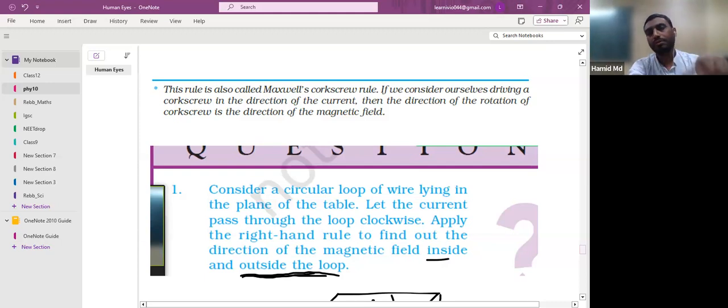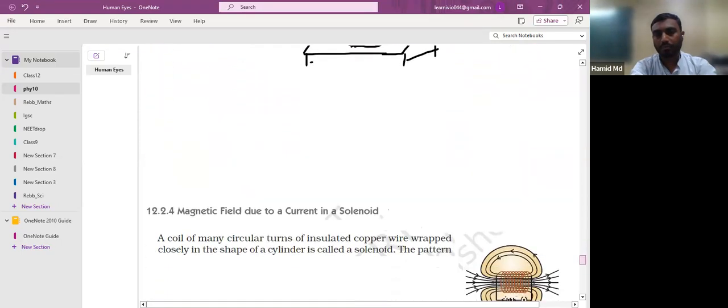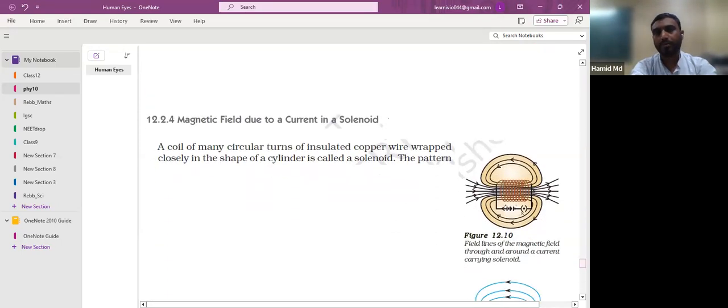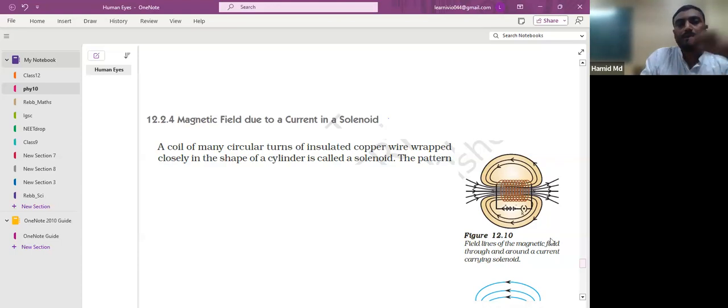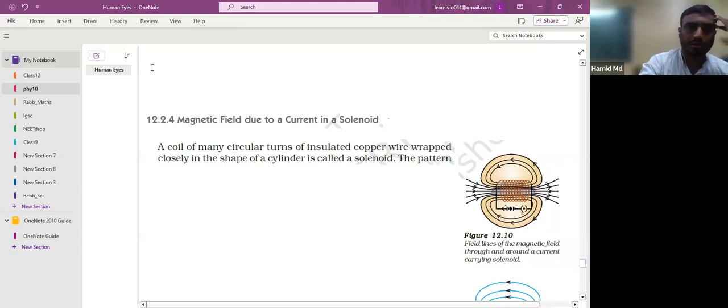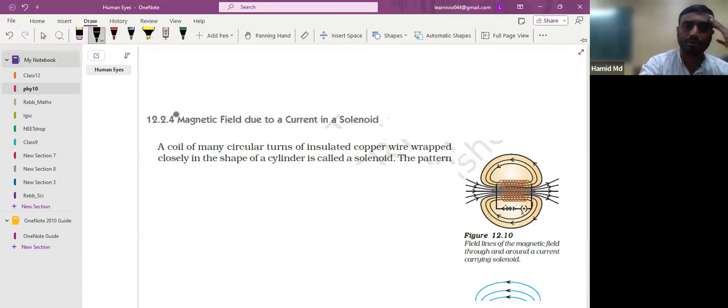So the reverse is also possible. Today we have to discuss a few concepts. We already got the idea of magnetic field due to a straight or curved wire. Okay, there is no doubt, I think.